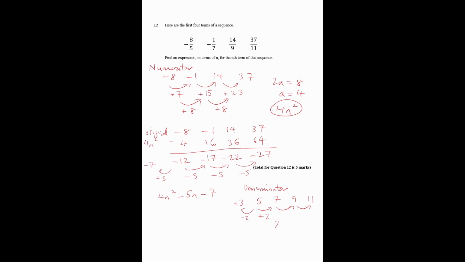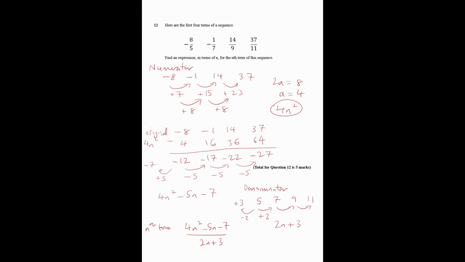So that is 2n plus 3. So my overall nth term is 4n squared minus 5n minus 7 all over 2n plus 3.